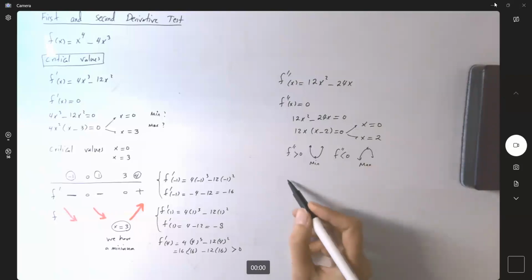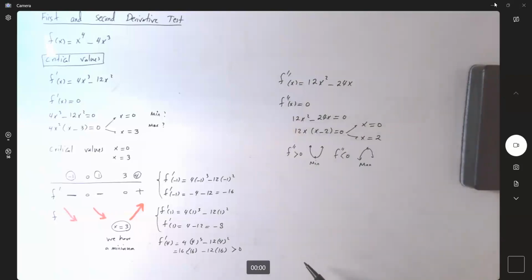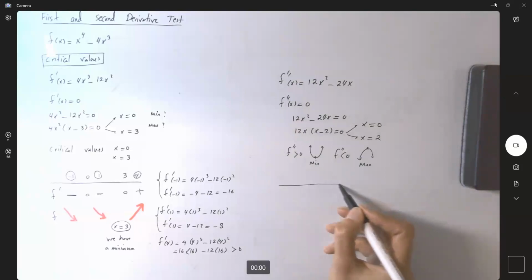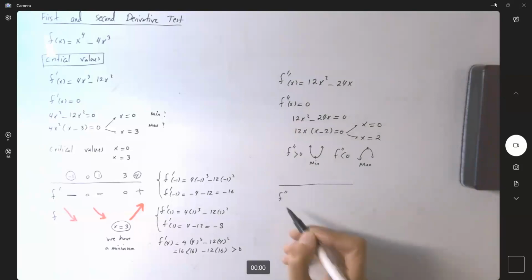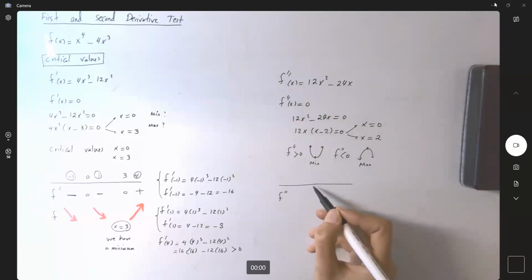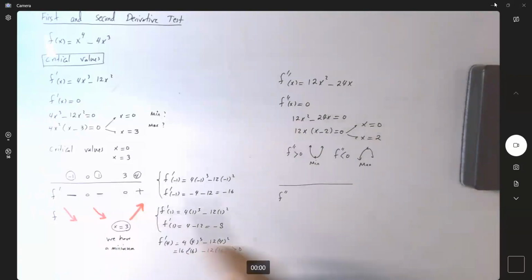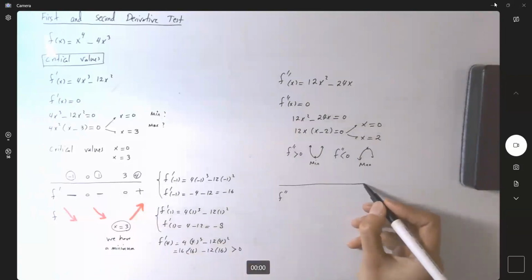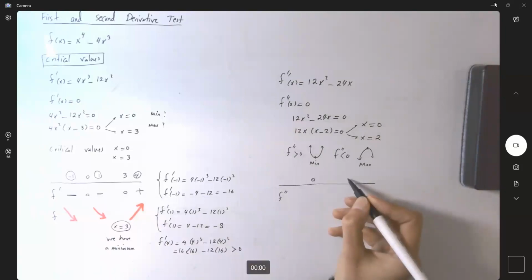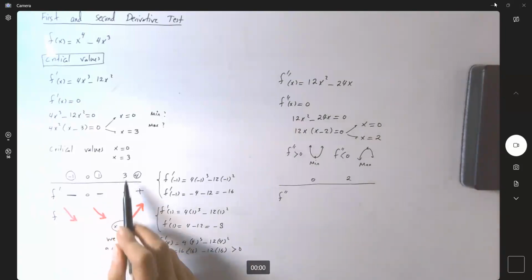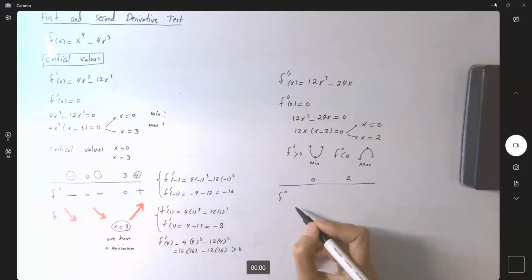So let us analyze the sign of the second derivative here. I'm going to have the second derivative of the function, and then I have the values 0 and 2. I already know at x equals 3, I'm going to end up having a minimum.